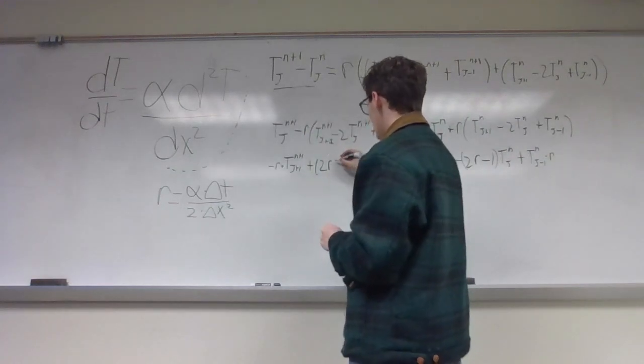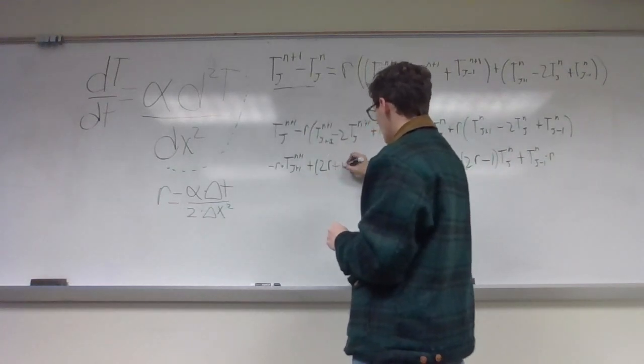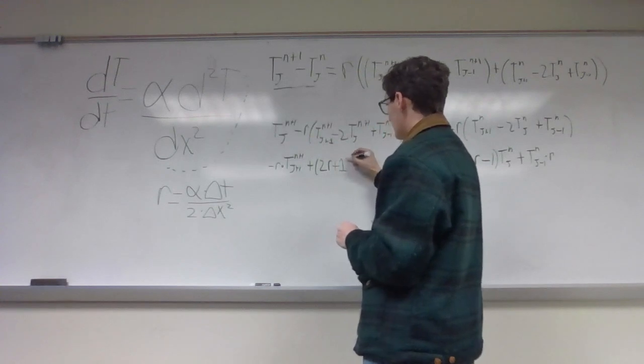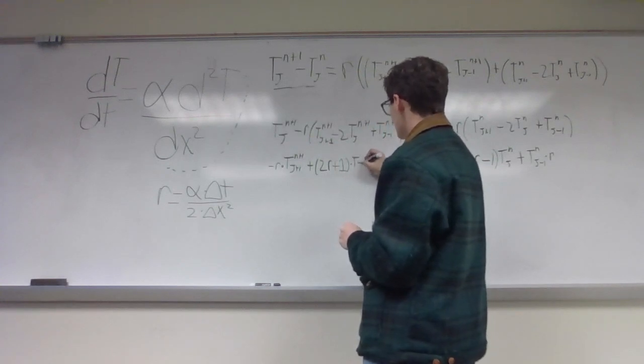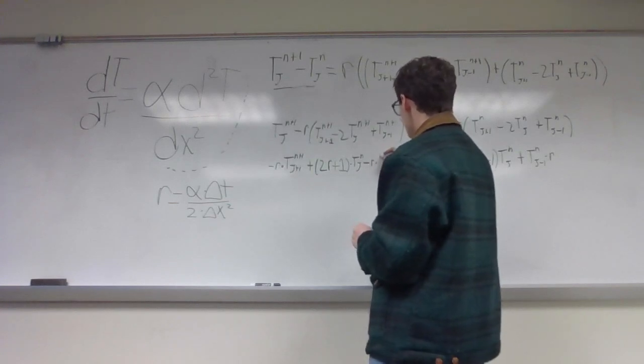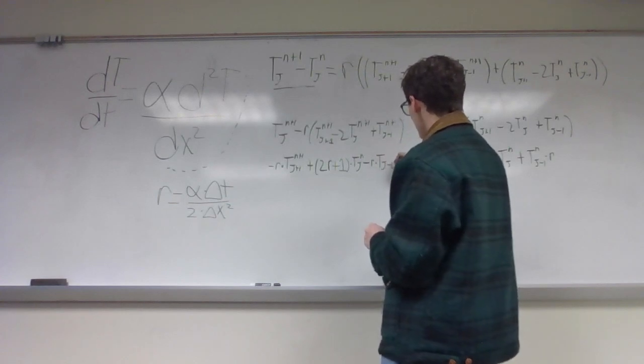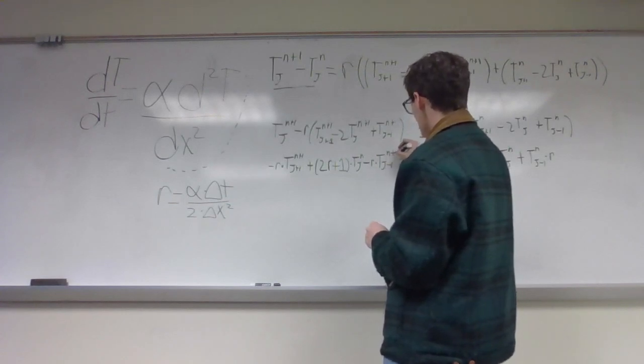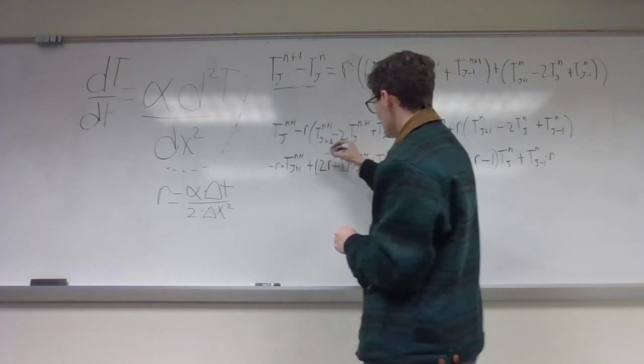So when we factor in, plus 1 times T_j^{n+1}, and then minus r times T_{j-1}^{n+1}.